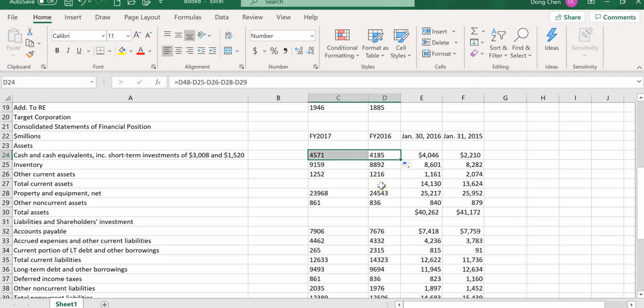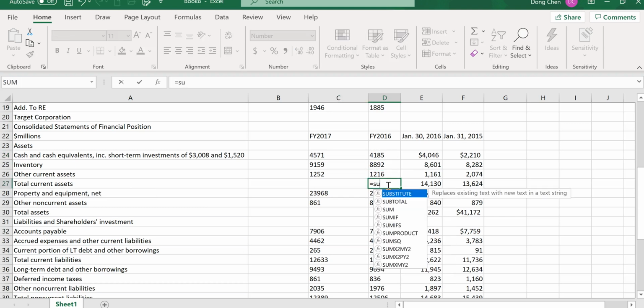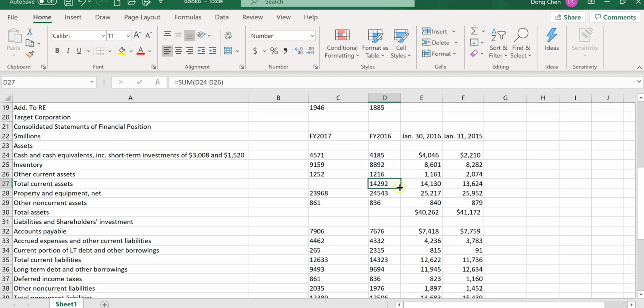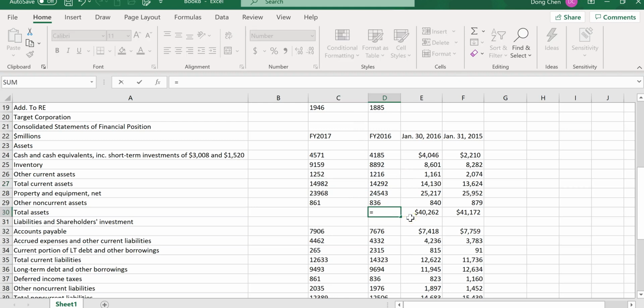So now we can calculate the total current assets, which is the sum of the cash, inventory, and other current assets, right? So then pull the cell to the other year, and we can also figure out the total assets.